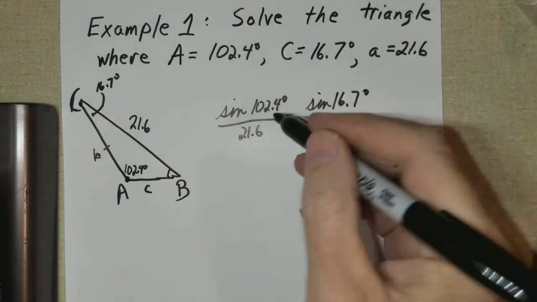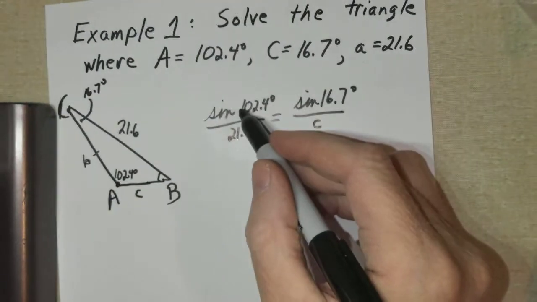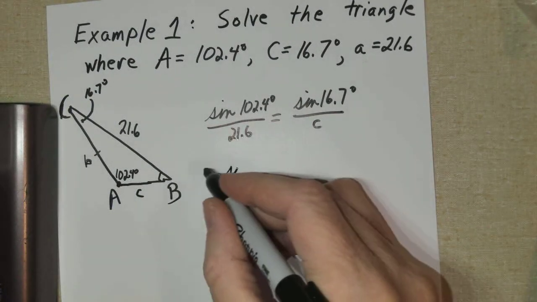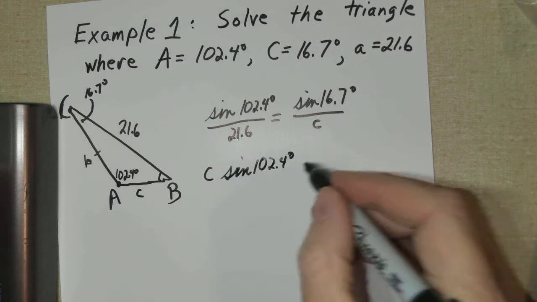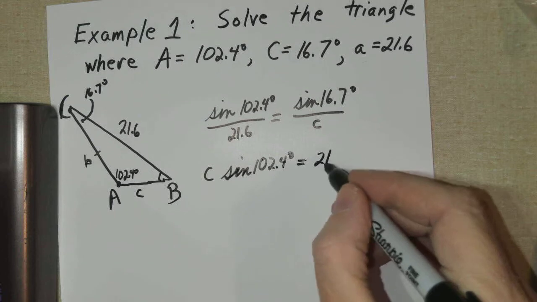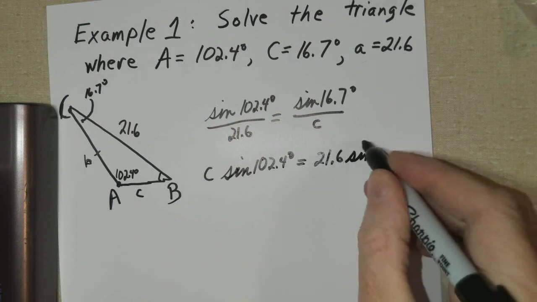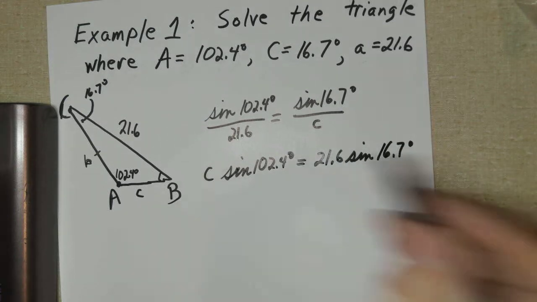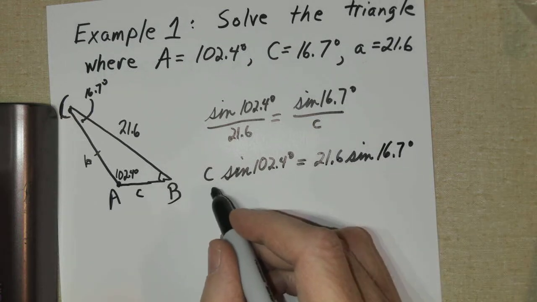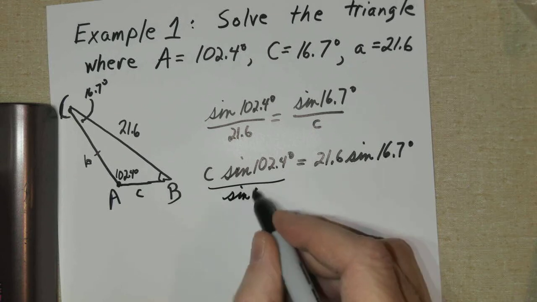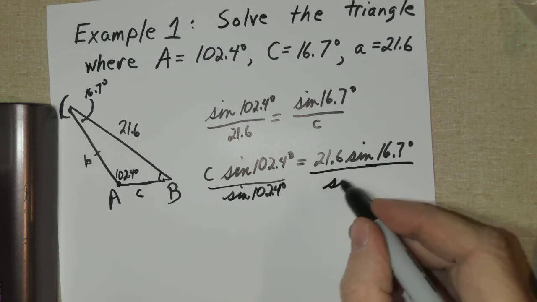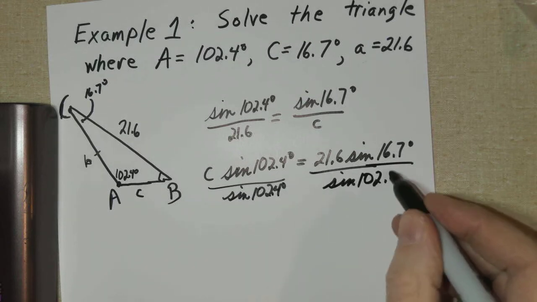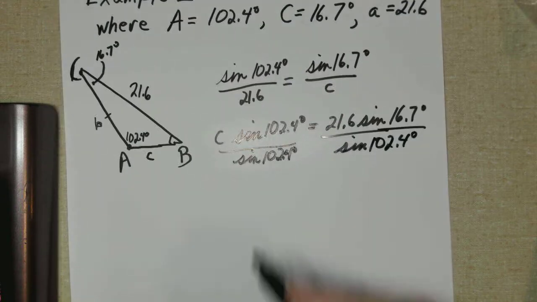Alright, so the cross products are equal. C times the sine of 102.4 degrees equals 21.6 times the sine of 16.7 degrees. Just solving for C, you would get that by dividing both sides by the sine of 102.4 degrees.